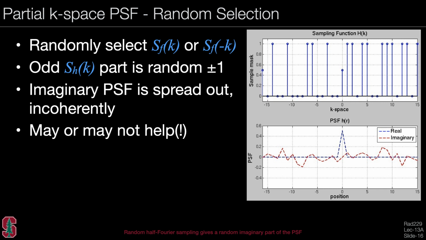So this may or may not help, and this is still a long debate in MR whether this actually helps to sample conjugate k-space points or not, and it depends a lot on what kind of reconstruction you're doing, as well as the characteristics of the object and the amount of background phase.